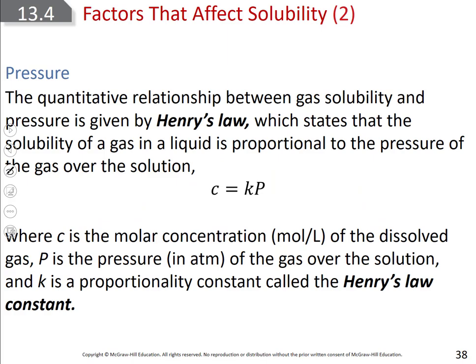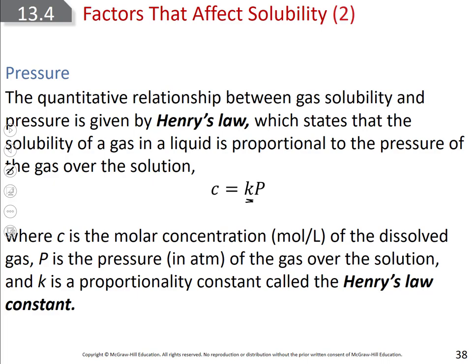All right, so now let's talk about that pressure. So this is the soda bottle. Pressure versus solubility can be calculated using an equation called Henry's law. This equation is on page 574, equation 13.3, and it says C, the concentration, is proportional to the pressure using a proportionality constant K, which is the Henry's law constant.